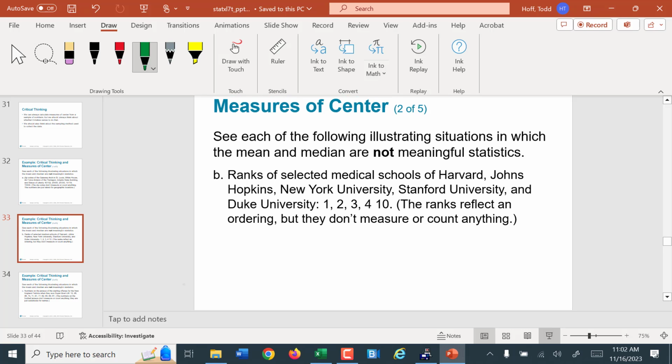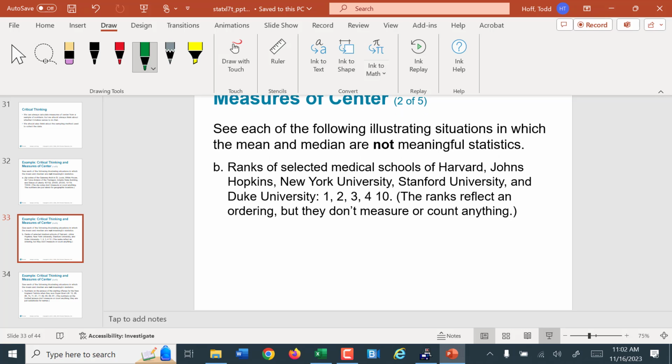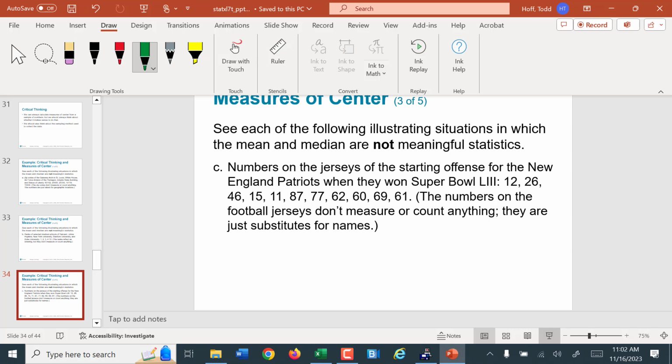The only time it would make sense to calculate a mean or a median for rankings is if we had like 7 different organizations ranking these medical schools. And then we could say Stanford had an average ranking of 2.6 out of all these different organizations that rank medical schools. Then it would make sense. But if we're just looking at the one set of rankings, no calculation with those numbers makes any sense.